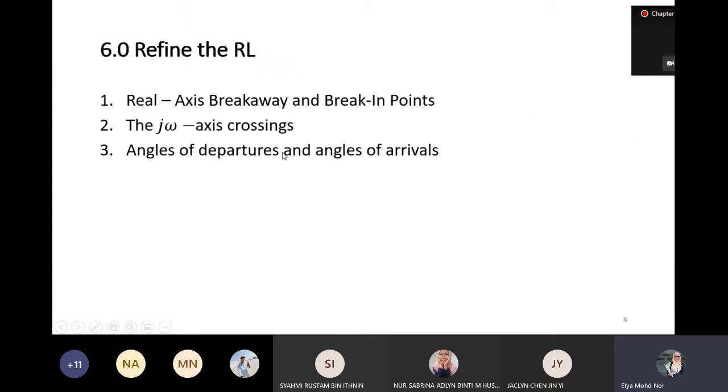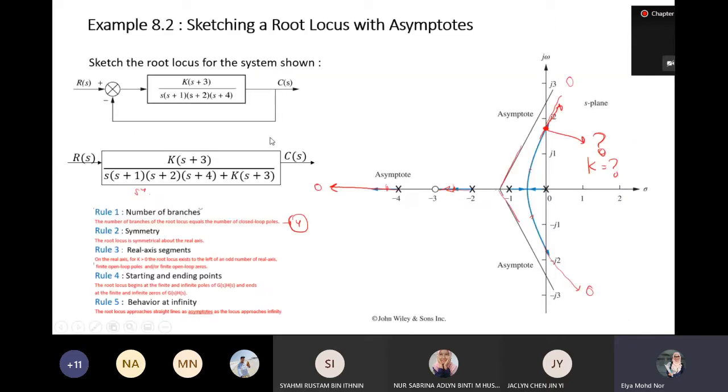So what is j omega axis crossing? Back to the previous slide. The point here that is crossing, this is the roots crossing the imaginary j omega axis. This is what we call the j omega crossing. As the root is around this part, it means that the system is stable.